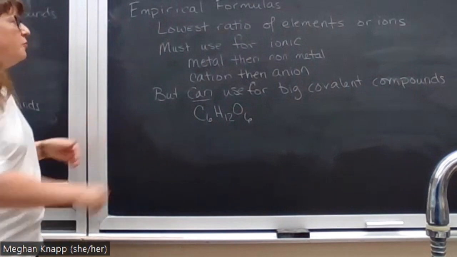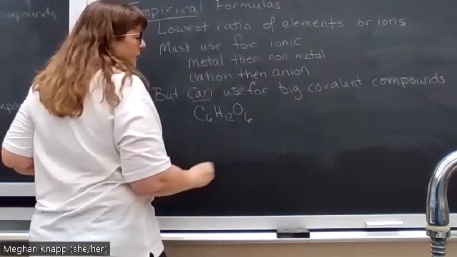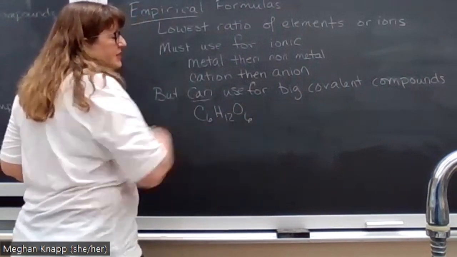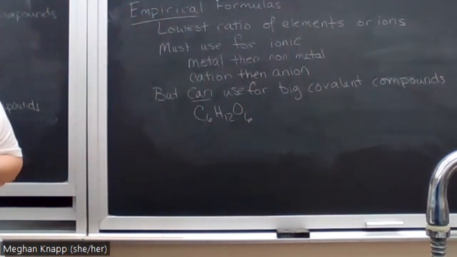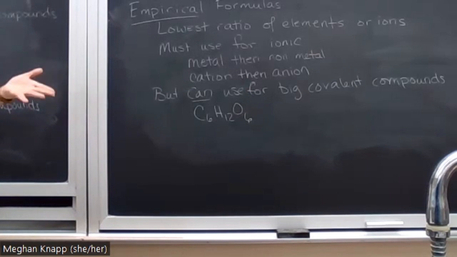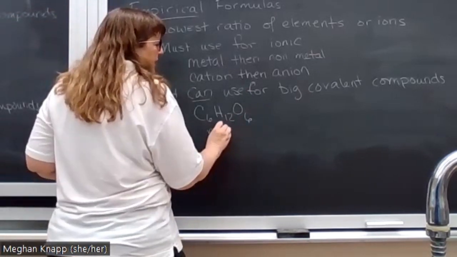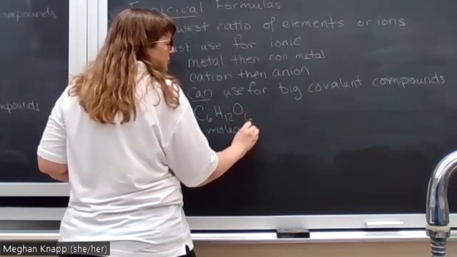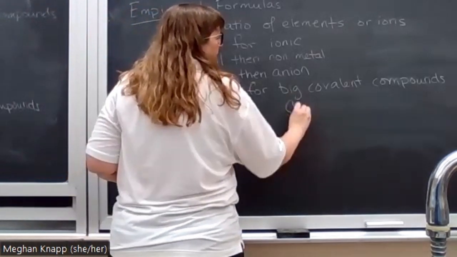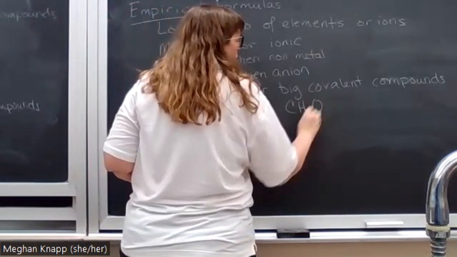The empirical formula is going to be reducing this to the lowest ratio. So just like with fractions, I'm going to look for the biggest number that I can divide into all of those. So all of those 6, 12, and 6 are divisible by 6. So I'm going to divide them all by 6. This is the molecular formula. The empirical formula is CH2O.